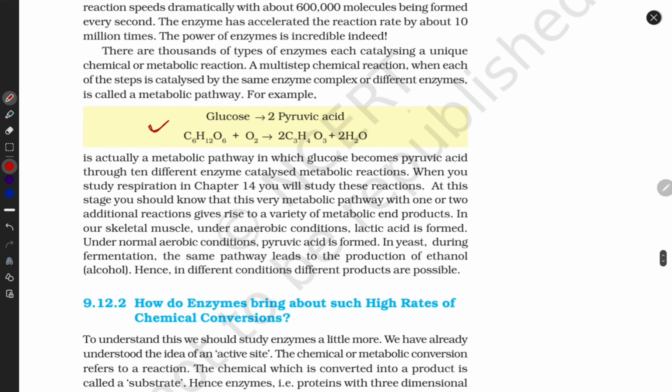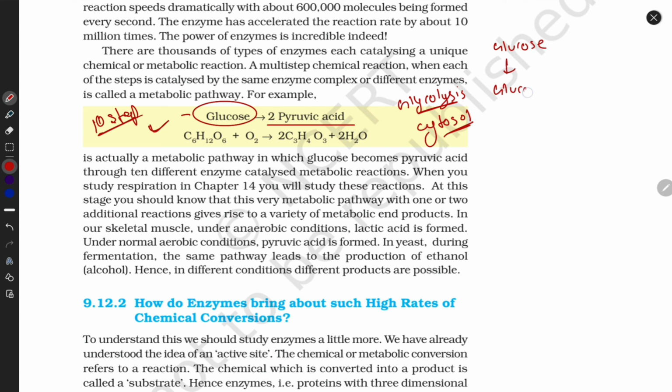Another example, you are very familiar with glycolysis. This phenomenon occurs in our cytosol. Glucose changes into pyruvic acid. I know, guys, this is a 10-step process. But each and every one of the 10 steps requires enzymes. For example, glucose wants to change into glucose 6-phosphate, so hexokinase is required.